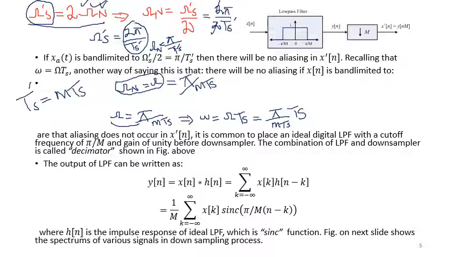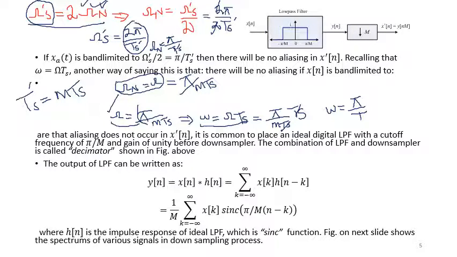Then, because the angular frequency of the continuous time signal and the discrete time frequency of the discrete time signal are related by the equation omega equals capital omega into Ts, putting the value of capital omega equals pi by M Ts, the Ts cancels with Ts, so we get omega, the maximum frequency, equals pi by M, right?